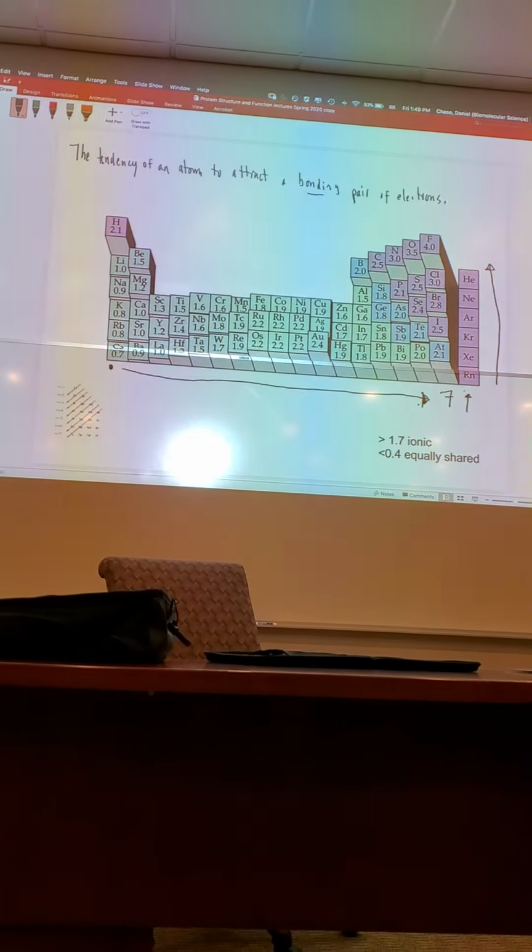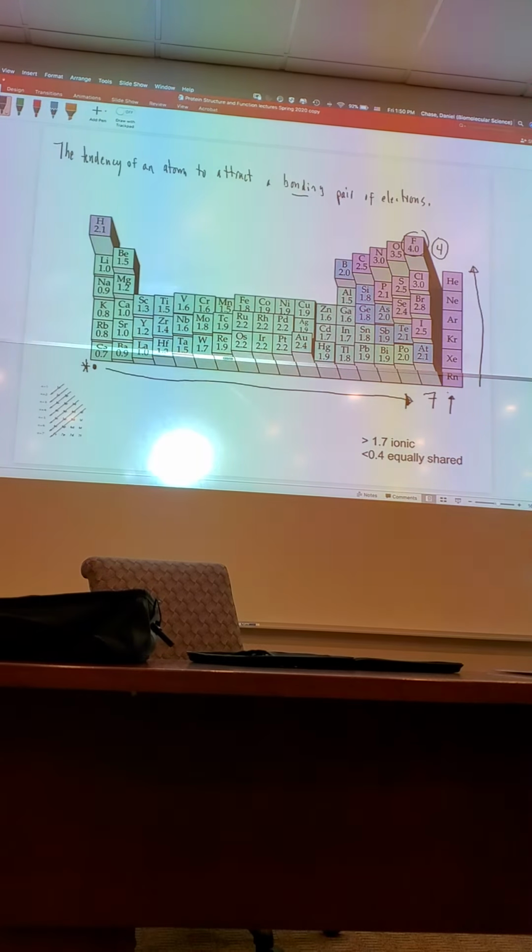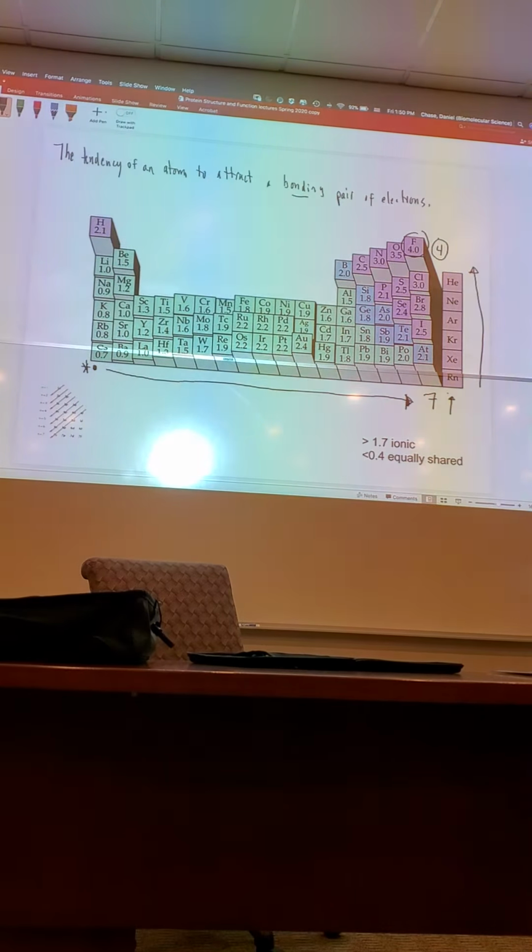It's given an electronegativity of 4. Don't worry about getting stuck on all the numbers of electronegativities. What you need to understand is whether they're a big number or a small number, and whether there is a big difference between the electronegativities of bonded atoms.